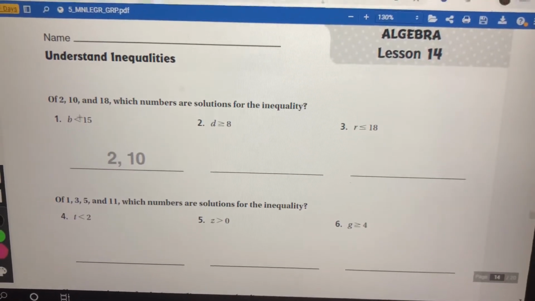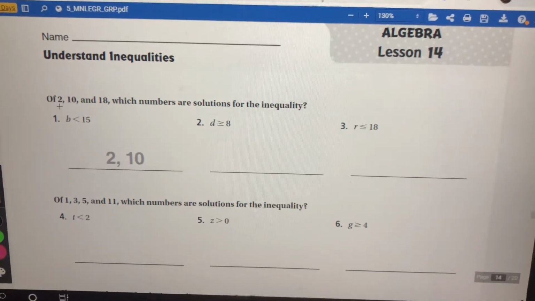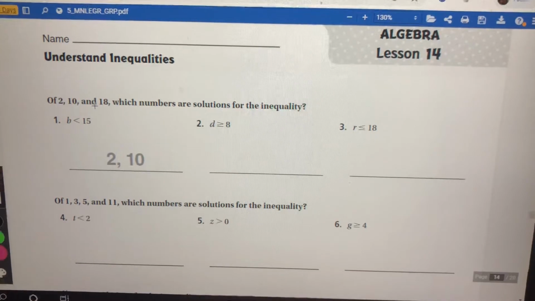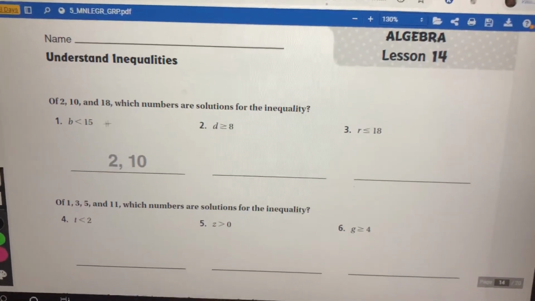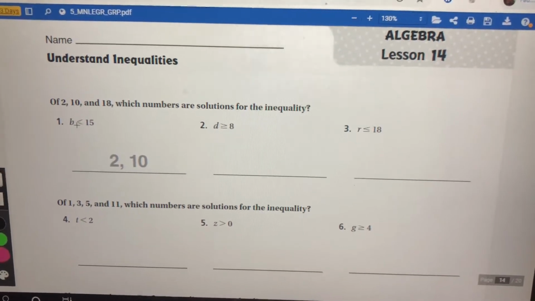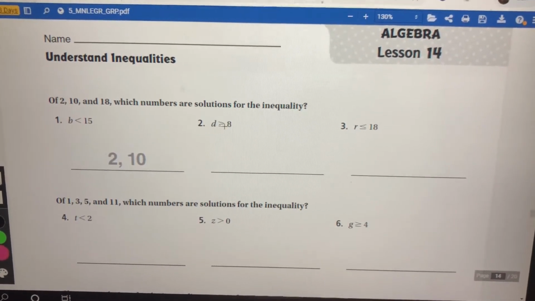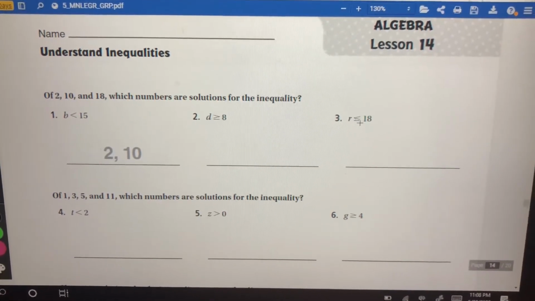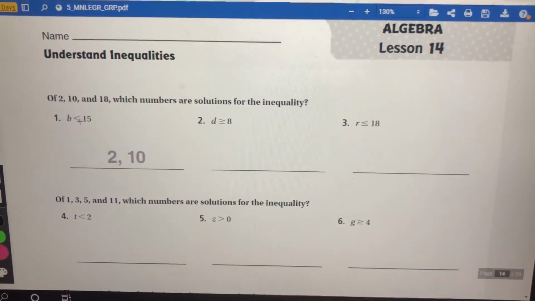Now, notice how for numbers 1 through 3, okay, the instructions are of 2, 10, and 18, which numbers are solutions for the inequality. Now, all of these are inequalities. B is less than 15, D is greater than or equal to 8, and R is less than or equal to 18. These are all considered inequalities, okay?